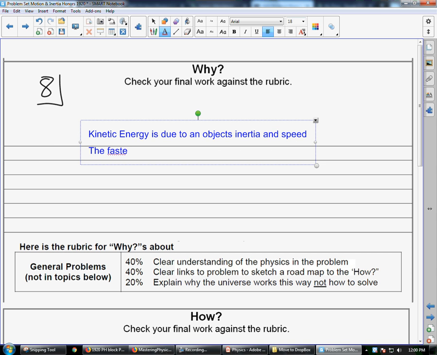The faster it moves, the more KE it has. The more inertia it has, the more KE. I don't think it's anything else.